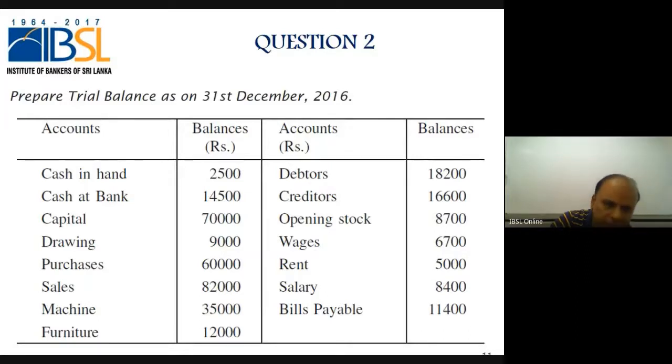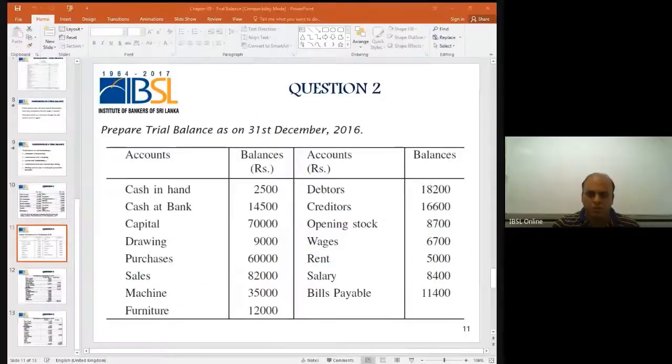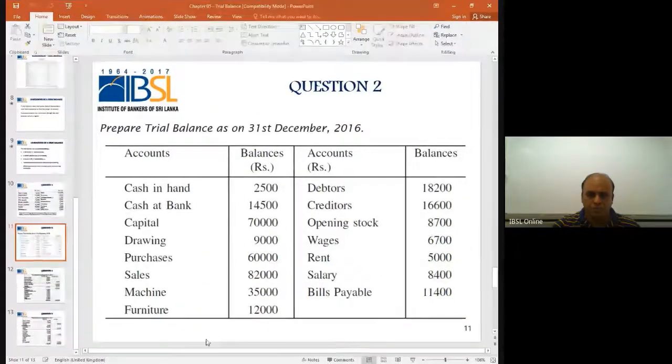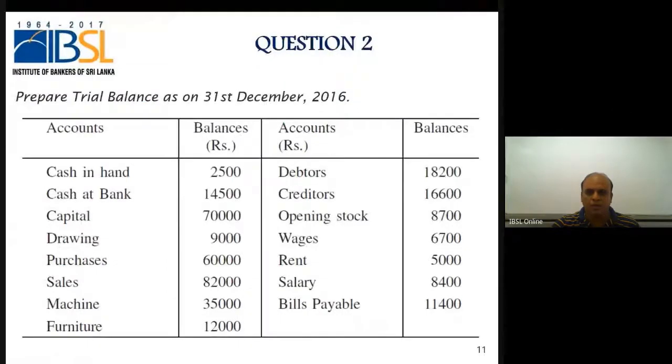So accordingly, we were on question number 2, where we were looking at the trial balance question. So the first thing that we need to do is to identify the class of the account.